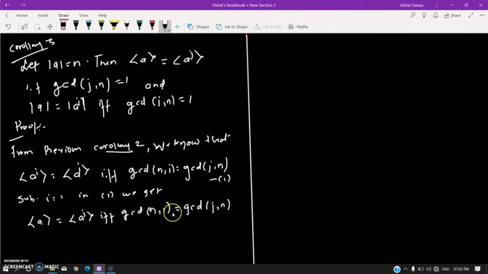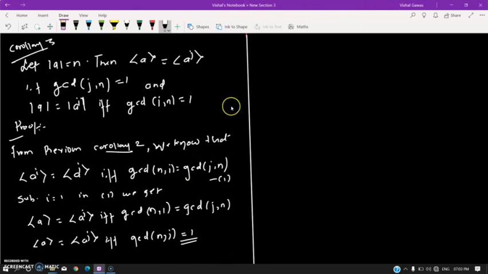But GCD of n and 1 for any n is 1. So the subgroup generated by A is the same as the subgroup generated by A raised to J if and only if GCD of n with J is 1. That finishes the first part.